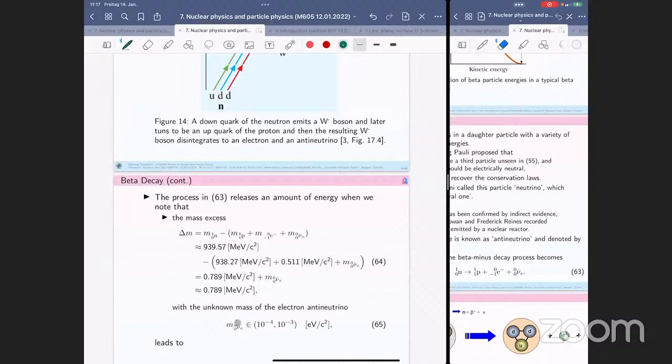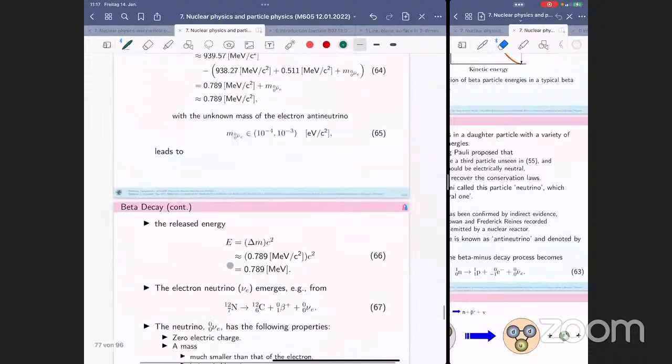But they believe that the unknown mass of the electron anti-neutrino should be very, very small, 1 by 10,000 or 1 by 1,000. It is in electron volt, not mega electron volt. It's in electron volt per c squared, which is very, very small, which leads to the released energy.